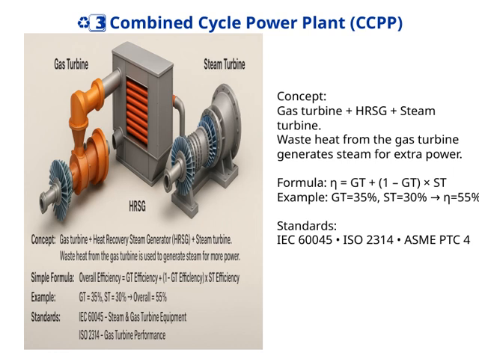It's also important to note that these systems adhere to recognized standards like IEC 60045, ISO 2314, and ASME PTC 4, which ensure safety, reliability, and performance consistency across different implementations. Overall, the CCPP is a remarkable example of how integrating different technologies can lead to more sustainable and efficient power generation.